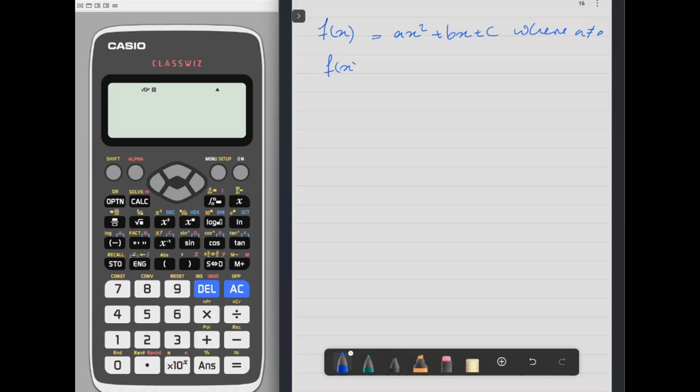F of x equal to 0. The answers for x for which f of x is going to be 0. So roots are the values of x for which f of x is going to be equal to 0, right?